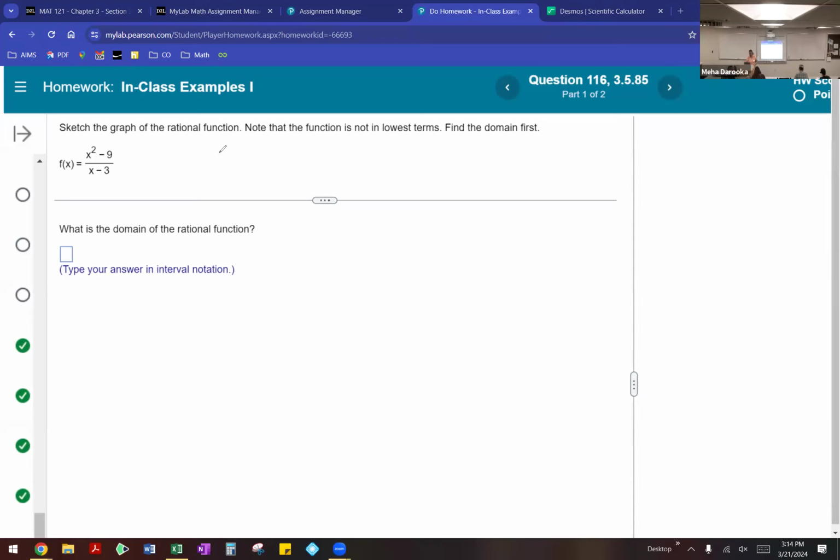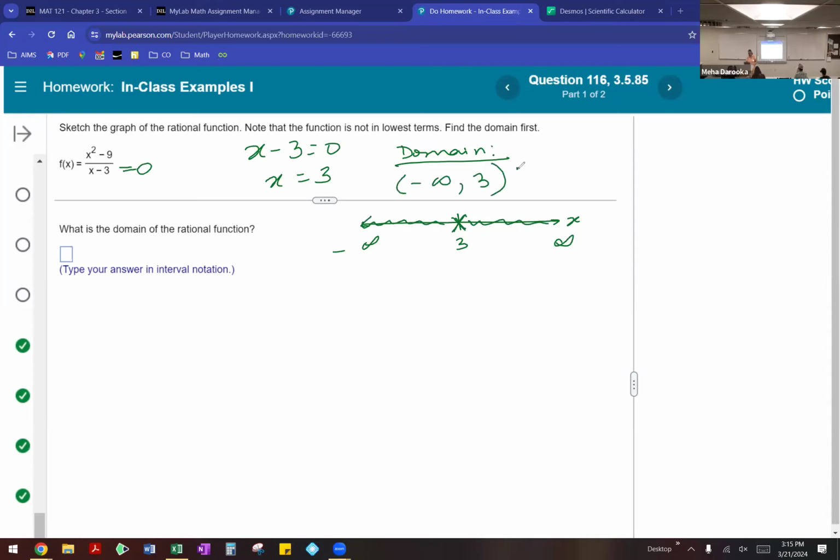So domain, again, you take the denominator and set it equal to 0. The only number we cannot include in our domain is going to be 3. So you can do anything between negative infinity and positive infinity, just don't include 3. That would look like negative infinity to 3, union 3 to infinity.